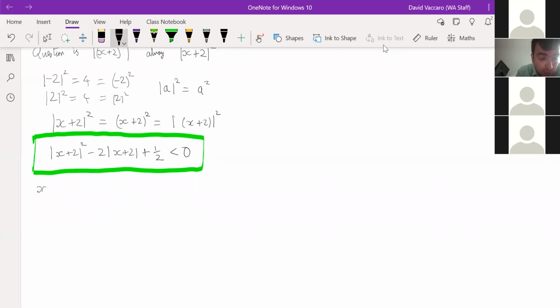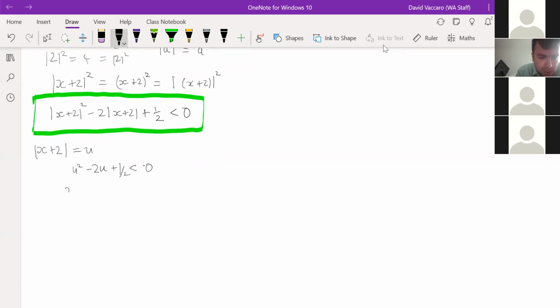So if I call modulus x plus 2 equal to just some new variable u, I've got that this is the same as u squared take away 2u plus 1/2 is less than 0, which is the same as 2u squared take away 4u plus 1 is less than 0.